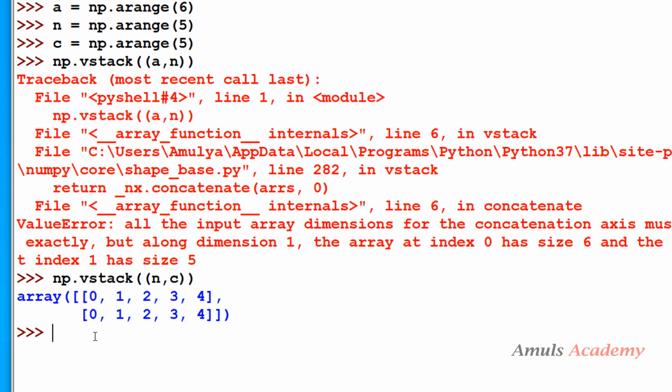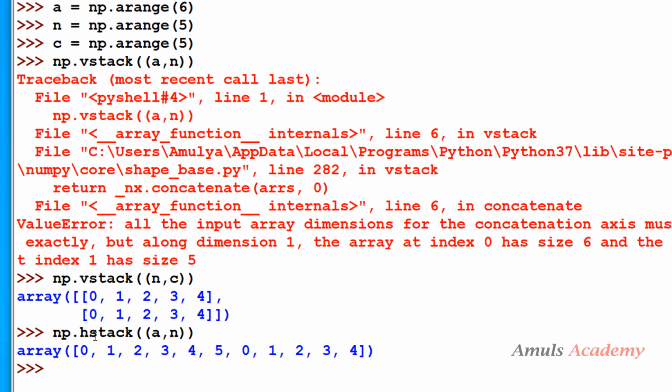Okay, so if I perform np.hstack here between a and b, we'll get output. If you perform it on any of these, we will get output because it will join the arrays along axis 0.